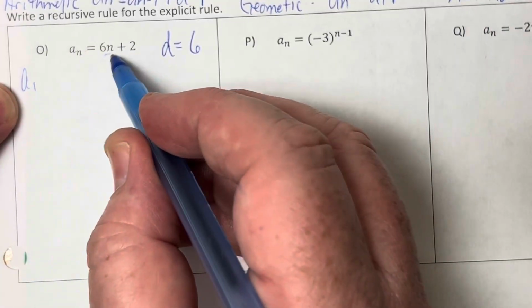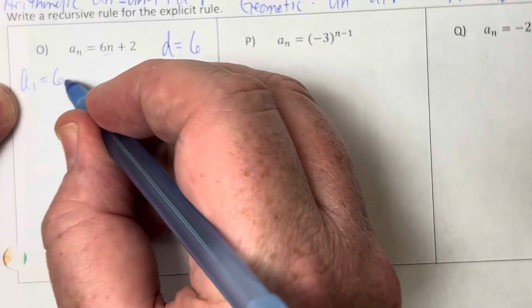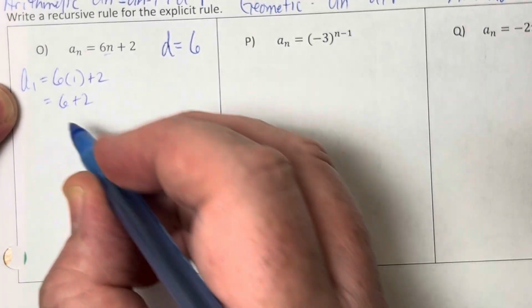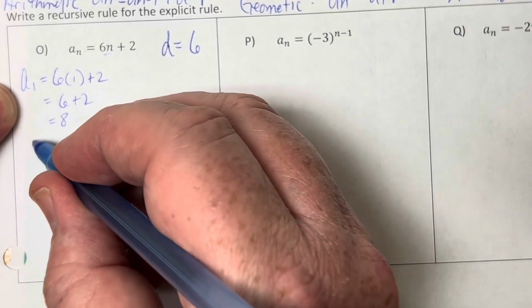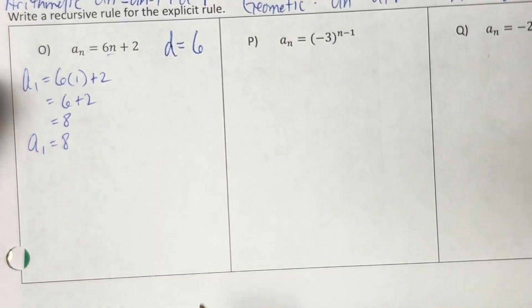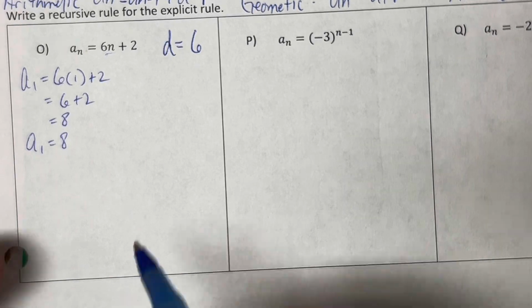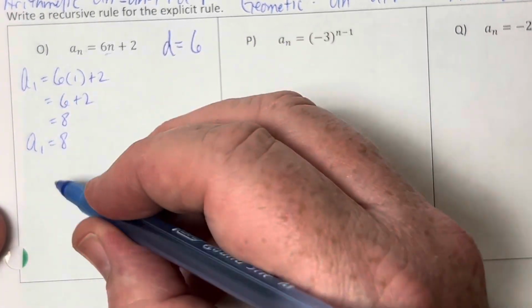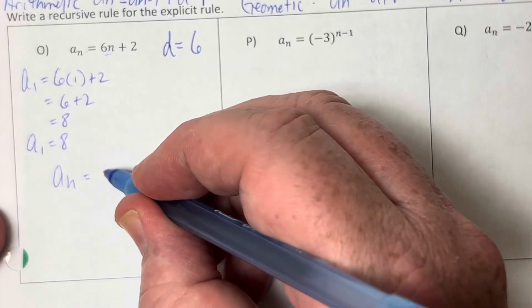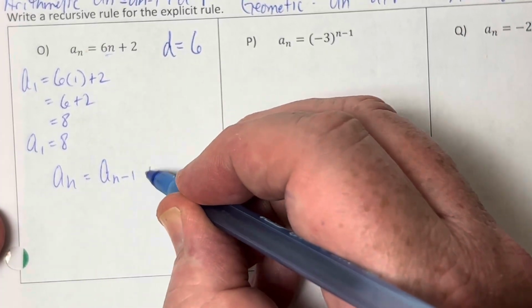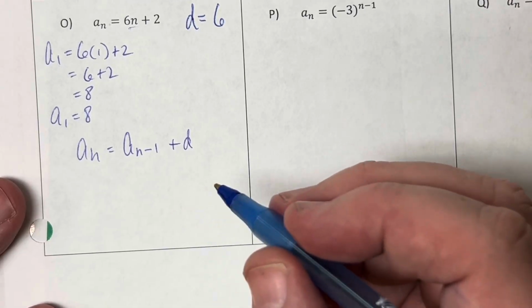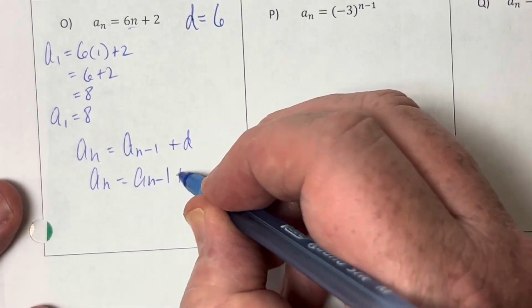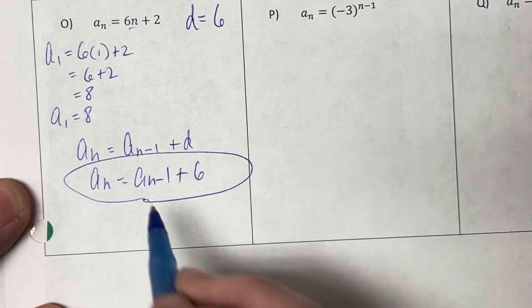So if it's a1, this would be 6 times 1 plus 2. So 6 plus 2 is 8. So therefore, a1 is 8. So when we're doing our arithmetic rule, we have an equals previous term plus d. So in this case, it's an equals the previous term plus 6.